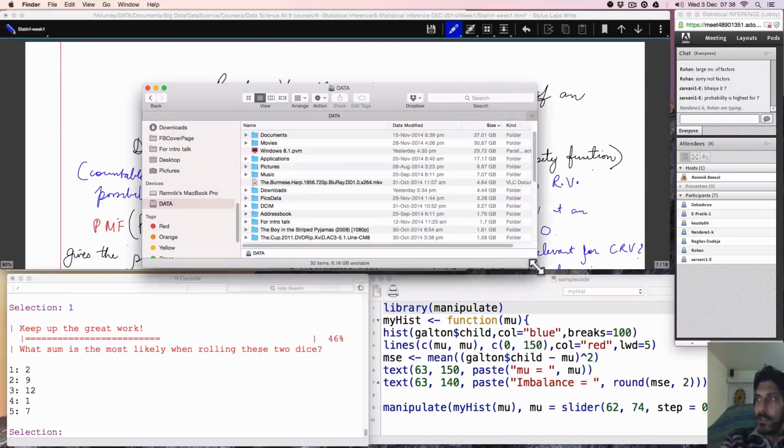So tell me, 9 comes as 5,4, 4,5, 6,3, 3,6, whereas 12 is only 6 and 6. So which has more probability?